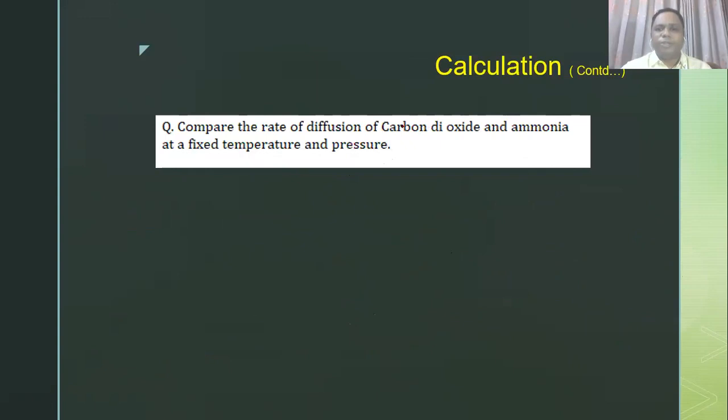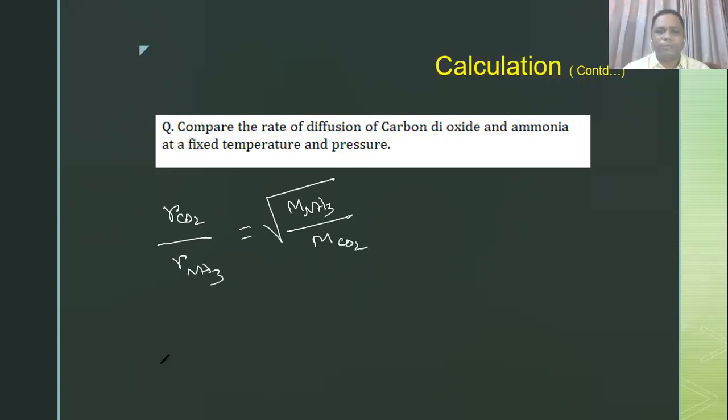Compare the rate of diffusion of carbon dioxide and ammonia at a fixed temperature and pressure. So temperature and pressure are fixed, so we can solve the problem using this concept. So write carbon dioxide and ammonia. R carbon dioxide divided by R ammonia will be root over M ammonia divided by M carbon dioxide.